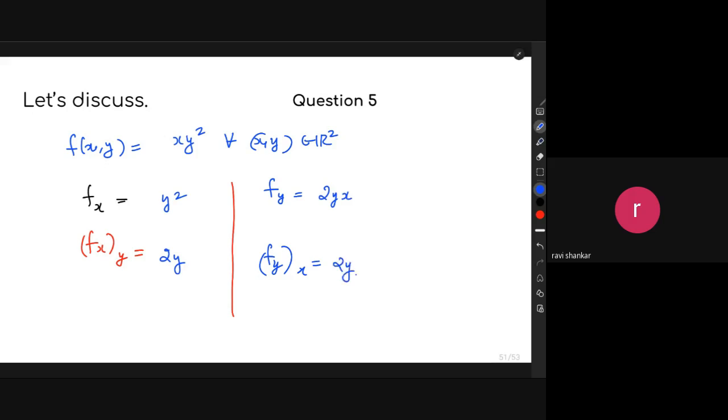So I'm basically taking functions whose partial derivatives are continuous. So the trick is to take functions whose partial derivatives are not continuous.